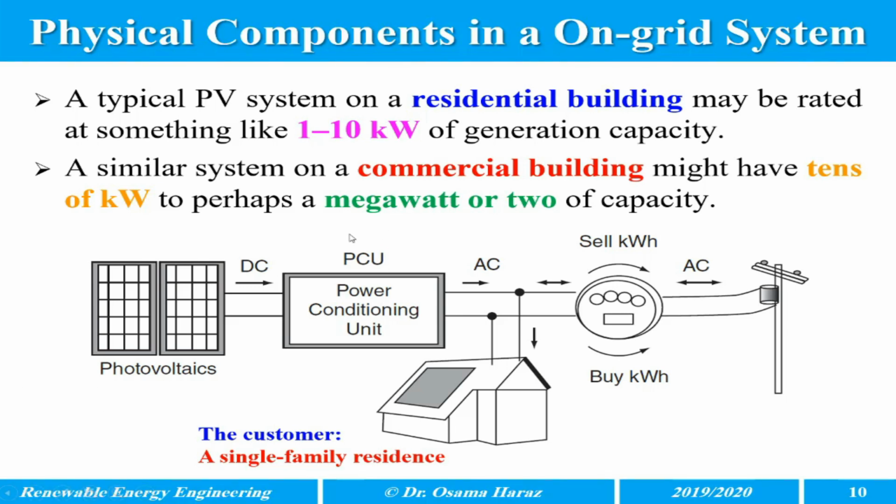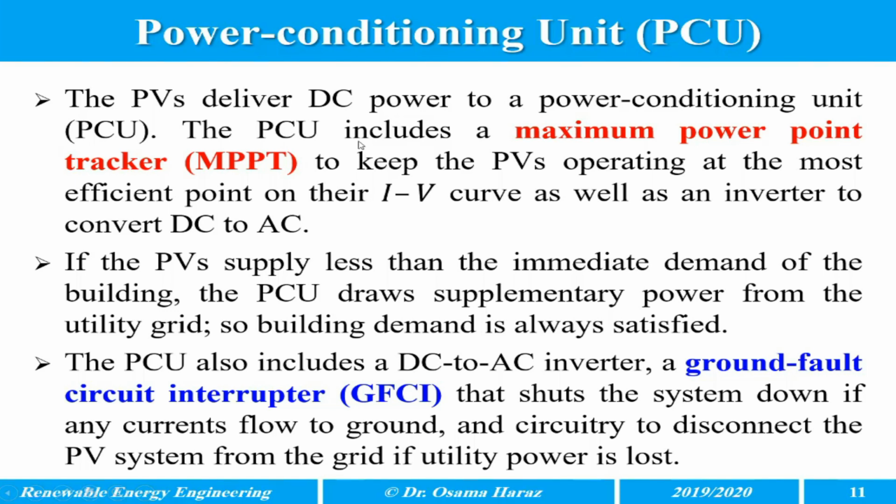So now the question is, what is PCU or power conditioning unit? PCU actually includes the maximum power point tracker to keep the PVs operating at the most efficient point on their IV curves, as well as an inverter to convert DC to AC. PCU also includes a ground fault circuit interrupter or GFCI.